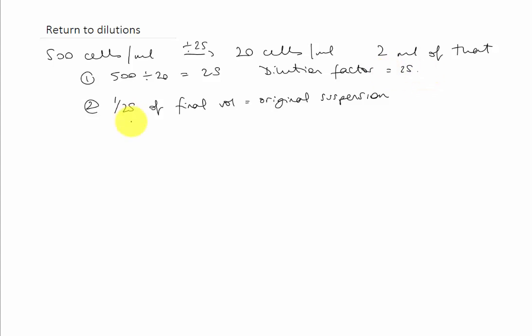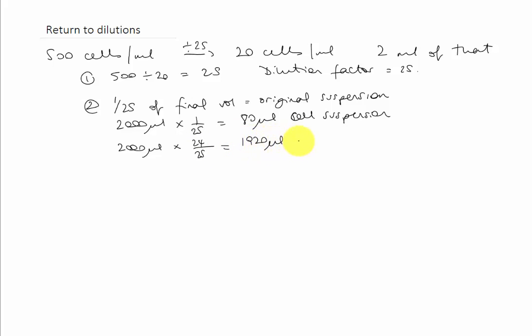So all we have to do is multiply 2000 microliters times 1/25, which gives us 80 microliters of the cell suspension, and then the rest is water. So that would be 2000 microliters times 24/25. These have to add up to 1. So that would give us 1920 microliters of water, or it would be media in this case.